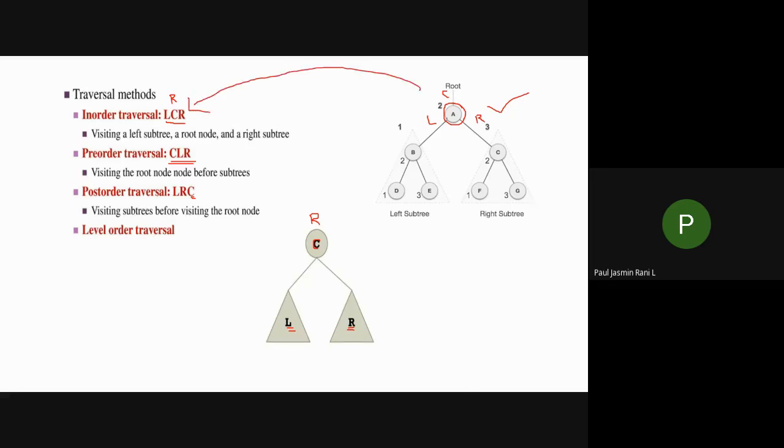So in order to visit this A, first you have to complete this L, that is, your left subtree has to be completed. If I take this left subtree alone, from this left subtree, this particular B acts as a root now.